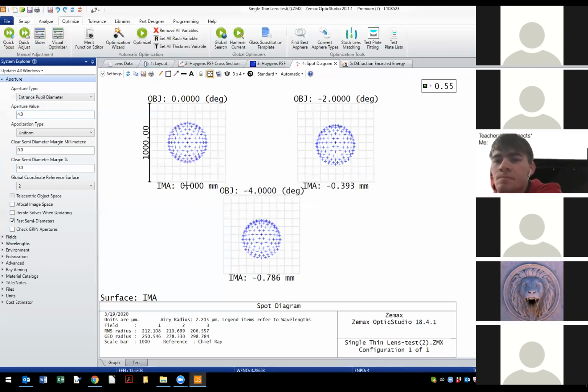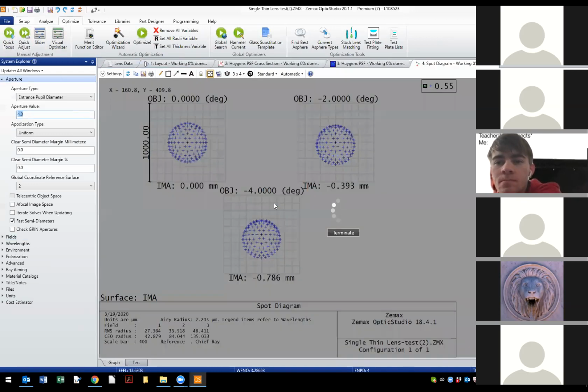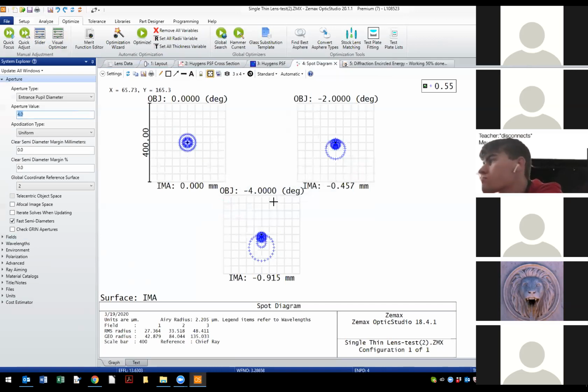By the way, do you notice how when it's out of focus, you see effects like this, almost like a globe bulging out? That's how I can immediately look at spot diagrams in your assignments and realize that you did something wrong. Because if I do a quick focus, it switches from that to this.